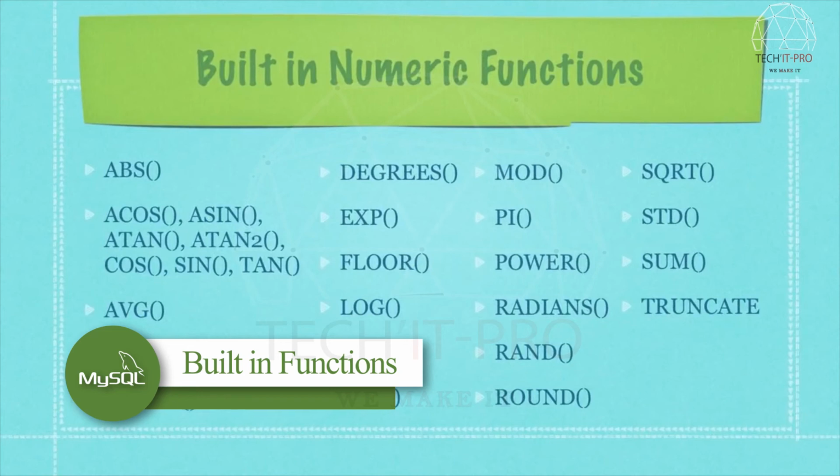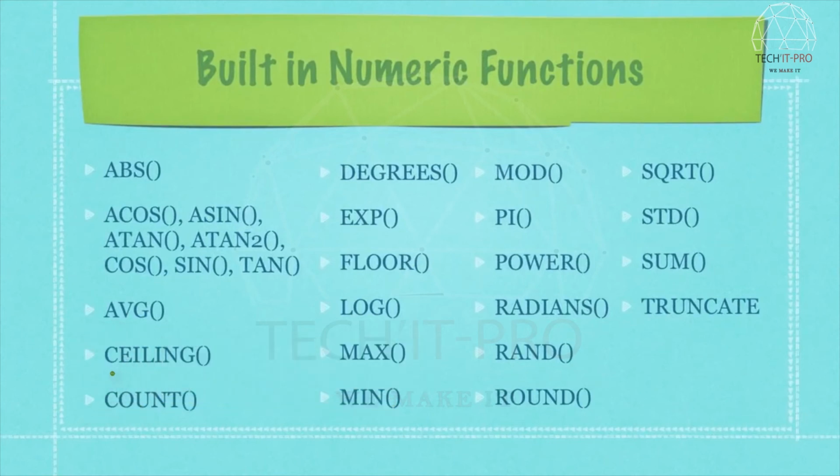I'm not going to give examples of every single one of them, but as you can see, we can get an absolute value for a variable. There's all the different trigonometric functions. You can get average, like I just showed, ceiling, which is going to return the smallest number not less than whatever it's passed. You're going to see count, like we've seen multiple different times. You also have the option to get degrees. You're going to be able to use exponents.